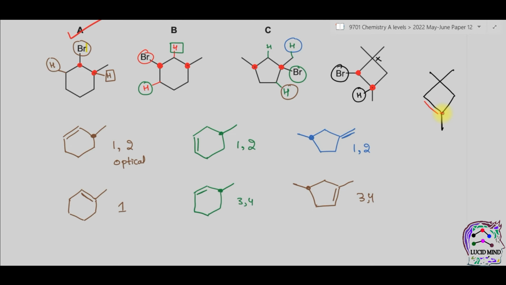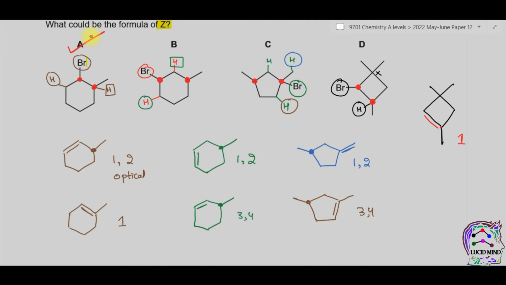Now this carbon is not chiral anymore because it is making a double bond. So we only have this one product that is possible. So only one isomer is present. So among A, B, C and D, only A can make 3, out of which 2 are optical.